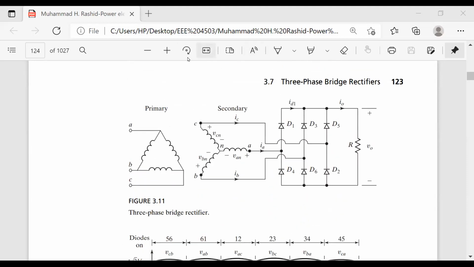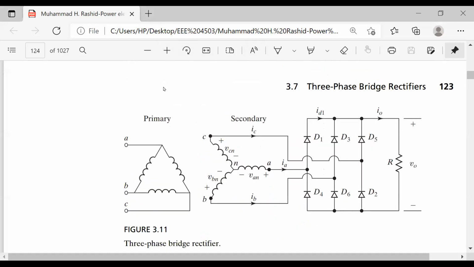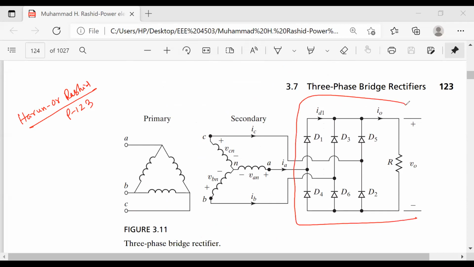Yes, sir. This is from Haruna Rashid, okay? Page number 123. The book we got already. So page number 123. So look here. What is this? Circuit diagram of a 3-phase bridge.